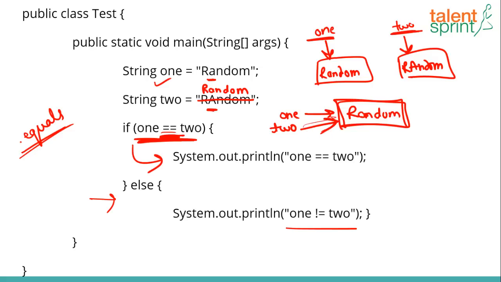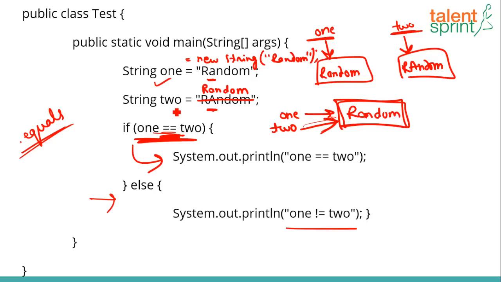Ideally, what would happen is, if you create a string using a new string, it would give you two different objects. Then there would be two different locations, and this would give you false. Let's say in place of this, if we say equals to new string and then we give random, right?